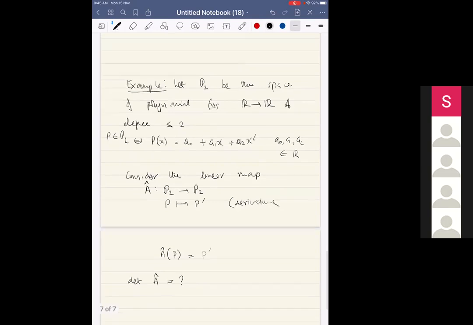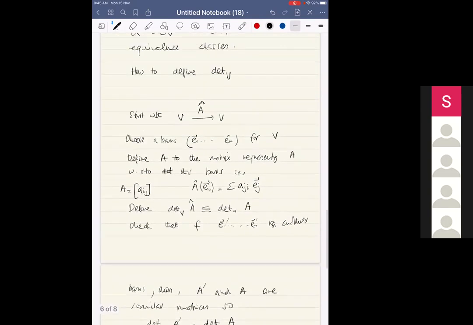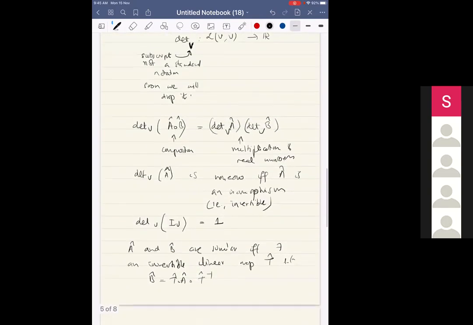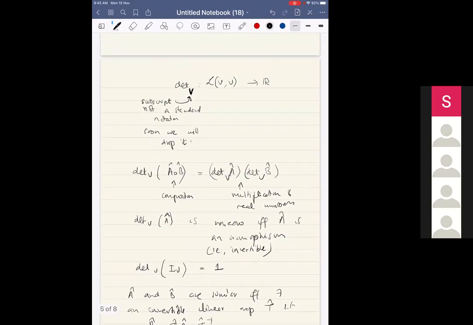So let me just scroll down to where I stated the various properties of the determinant of a linear map. And if you stare at this and then stare at what our particular A hat is, which is the derivative, take a polynomial of degree less than or equal to 2, and the linear map A hat acting on this polynomial is just taking the derivative of this polynomial.